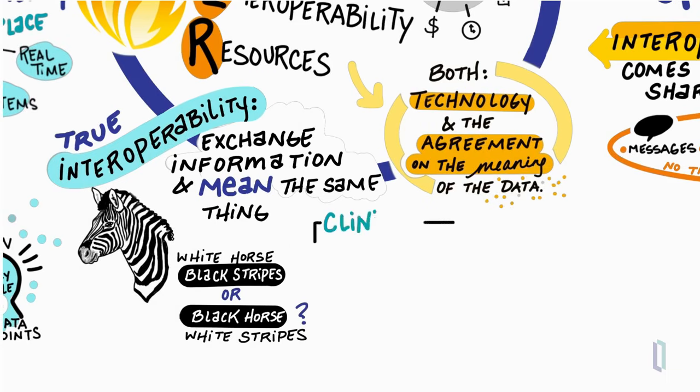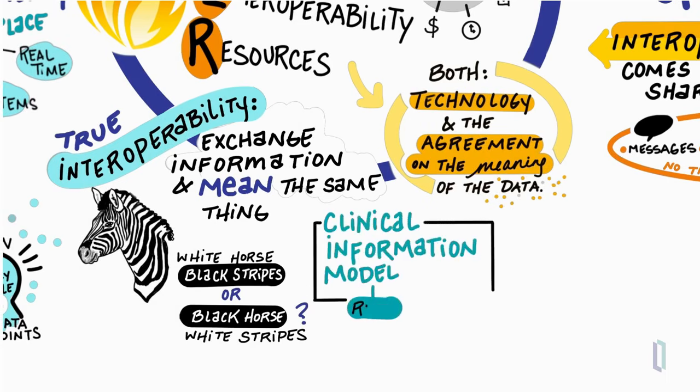It's true that we could program our system to understand that they're the same thing. But in healthcare, there are many data concepts that have 2 or more possible meanings, and we can't possibly program all the systems to understand those multiple meanings. So that's where the idea of a clinical information model comes in.